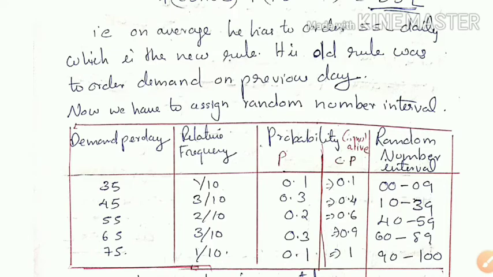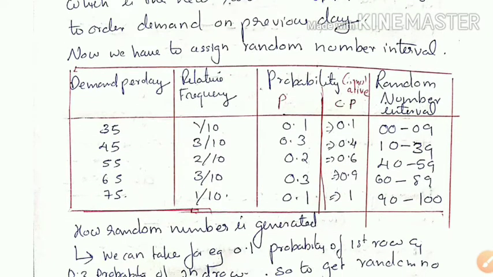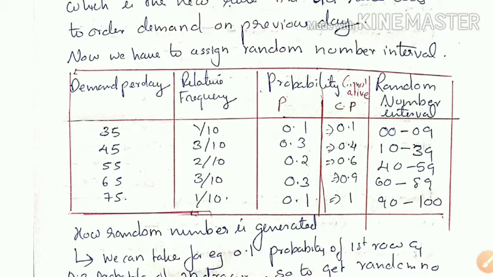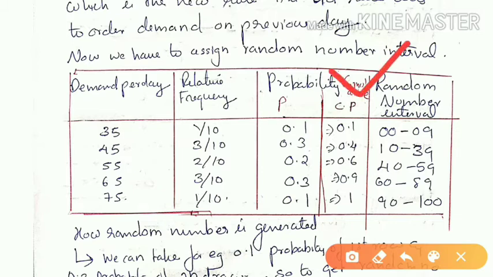Now we have to assign random number intervals. Next table, in this table, we have to assign random number interval. For that, we have to calculate cumulative frequency. This is cumulative frequency.